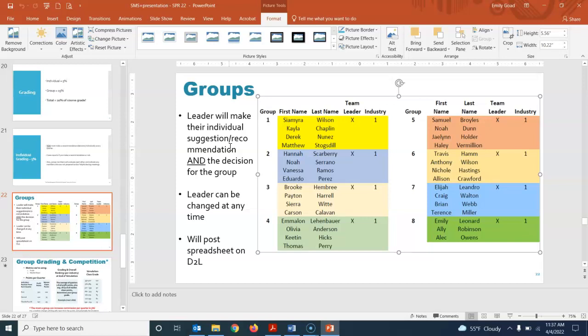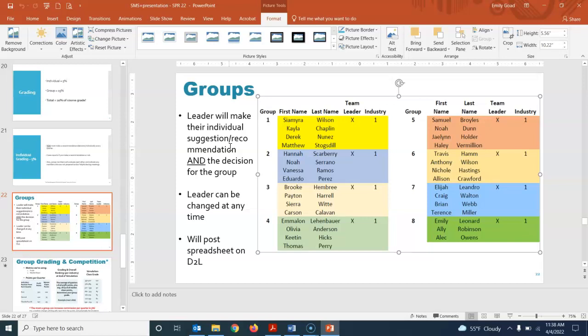So you need to make your individual decision or suggestion before you meet with your group. Then when your group meets, you should discuss what you think you or your group should do, based on what you've individually looked at, and come to an agreement as the group.